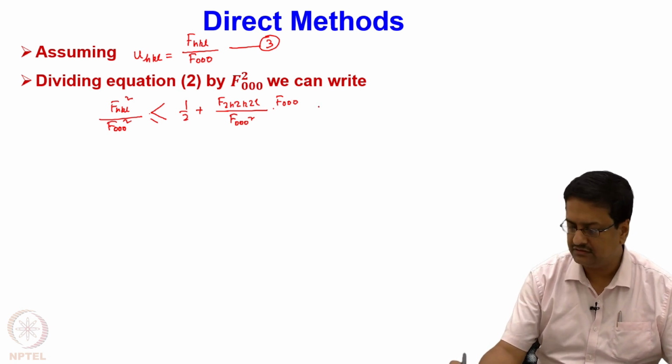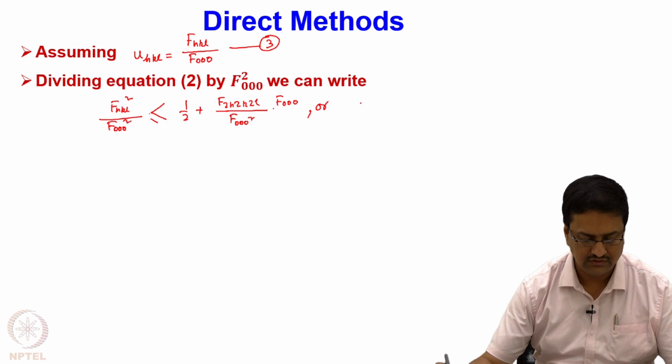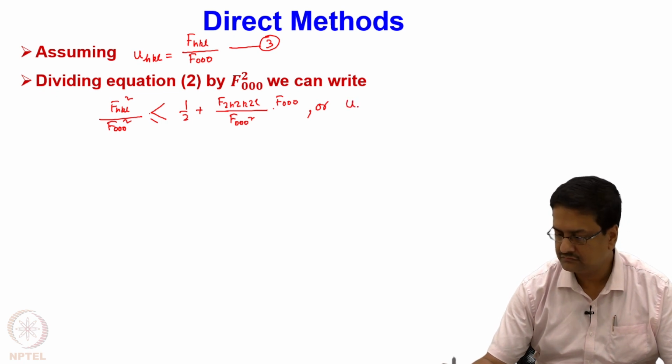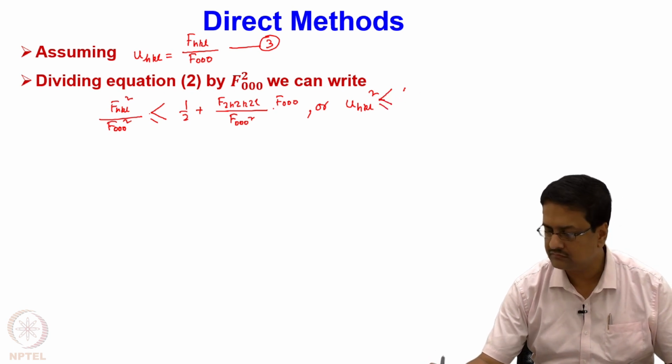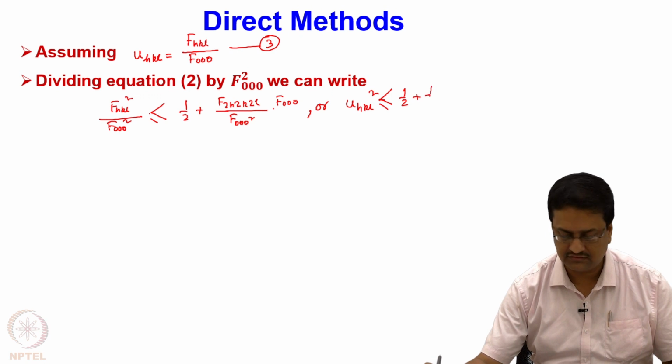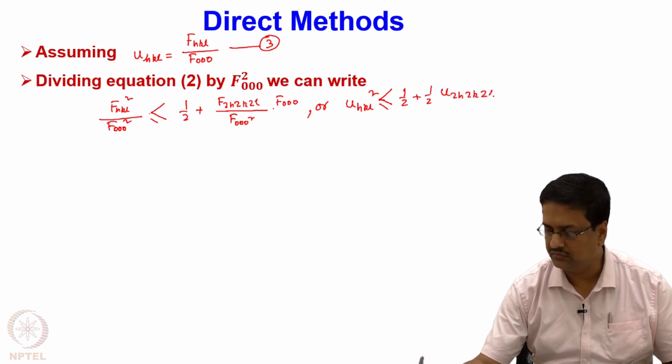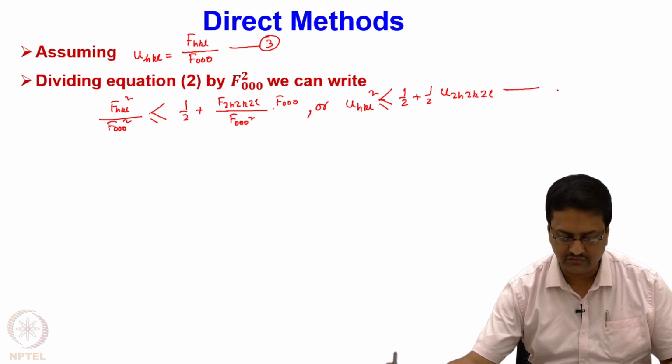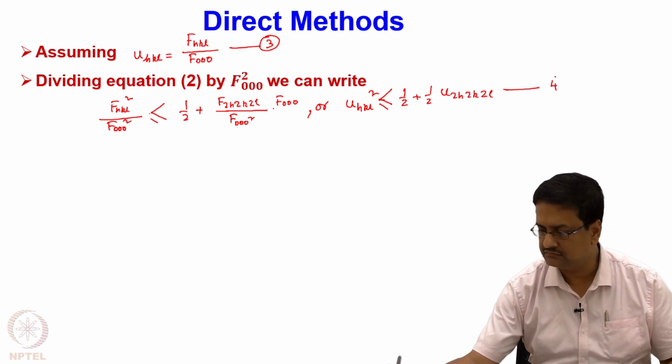So we can write it as U_HKL squared is less than or equal to half plus half of U_2H2K2L, and we write it as equation number 4.